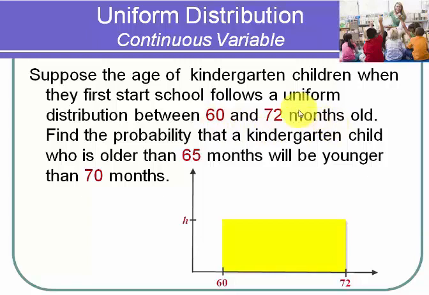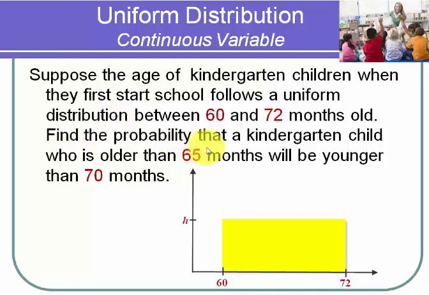Does that make some sense? And it may or may not be true. When I say suppose, it's probably not really true. But just for the purpose of our class, we're going to suppose that it's uniform, that there aren't certain months of the year that are more likely than other months for children to be born. We're just going to say that all months are equally likely, all days are equally likely, so that it really is a uniform distribution.